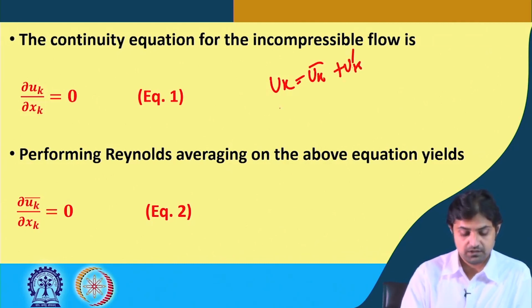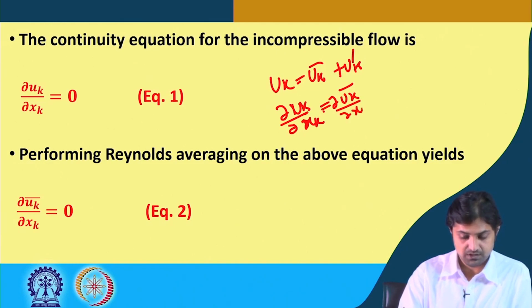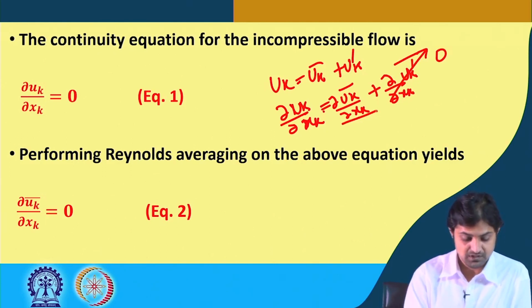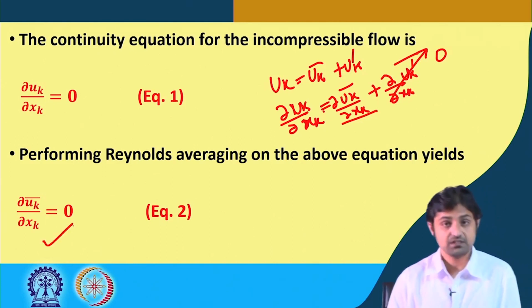Alright, and so del uk by del xk will be del uk bar by del xk plus del uk prime by del xk, and the fluctuating part will go to 0. Alright, so this can be represented as this.